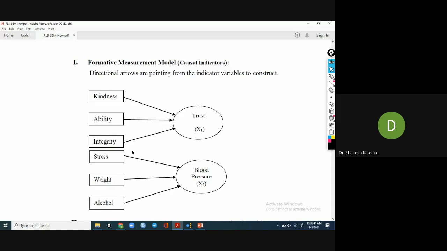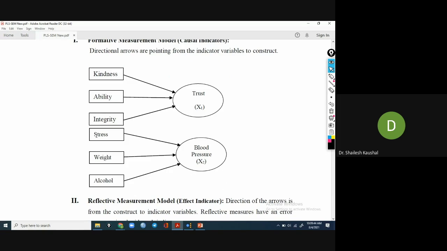And another example: these three independent variables form blood pressure. One is stress. If you have more stress, more weight, more alcohol, then your blood pressure may increase. So blood pressure is affected by these three independent variables: stress, weight, alcohol, or we can say these three variables form the blood pressure. These are the causes.